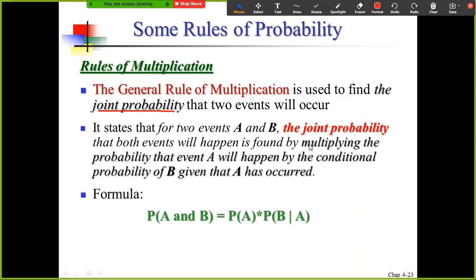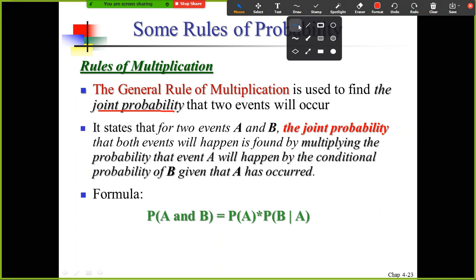So the formula for the general rule of multiplication that we use to find the joint probability is this. Probability of A and B equals the probability of A multiplied by the probability of B given that A. In this case, the probability of A does not depend on the other, because A is the first event.